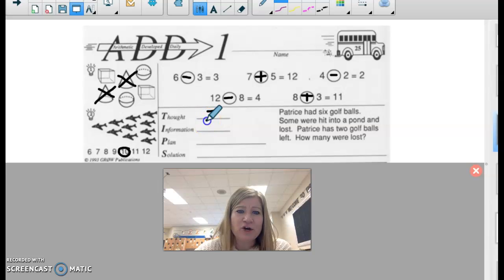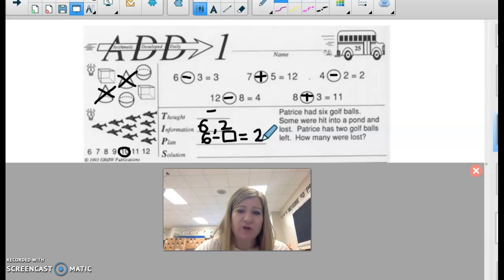The numbers we know are 6 and 2. And our subtraction sentence is going to be, she started with 6. She lost some. We don't know how many she lost. So our blank is going to go in the middle this time. So 6 minus blank equals, and then she has 2 left.